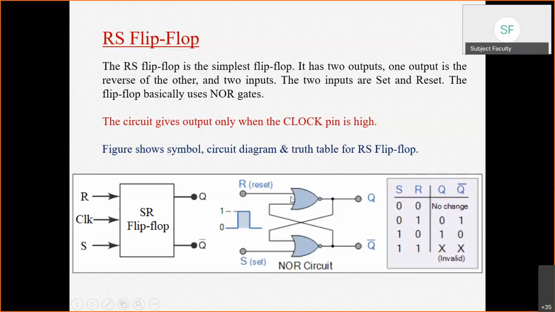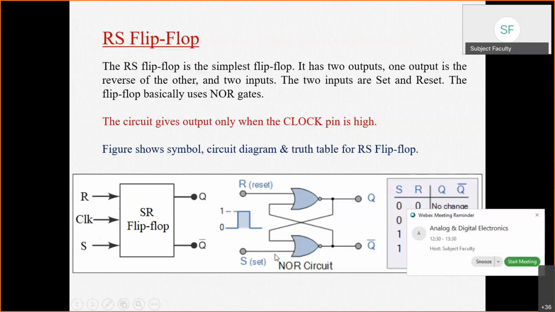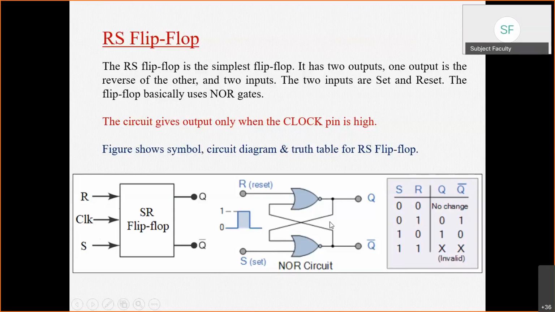For the second NOR gate, one input is set and the second input is connected here. This is nothing but Q. Make sure, one input is Q and another input is S. So I hope you have understood the connection. Now we will move to working.